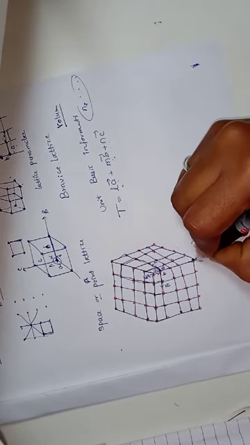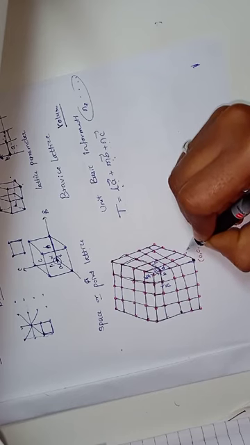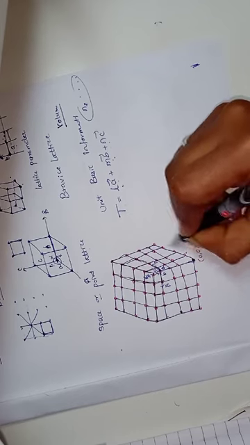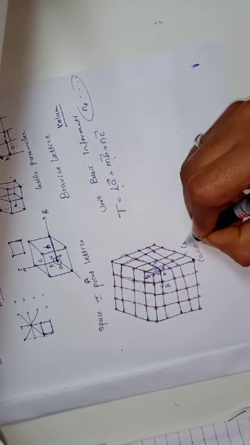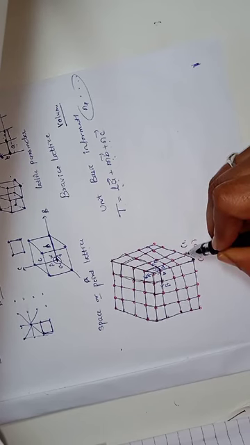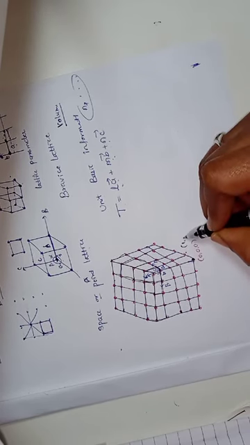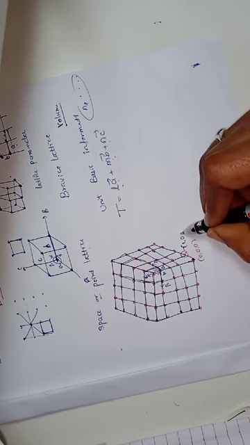So this is our reference. I'm going here, in the direction of a. So the a value is 1, and there is no value of c and no value of b. So this lattice point value is 1, 0, 0.